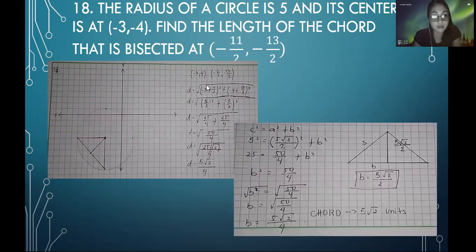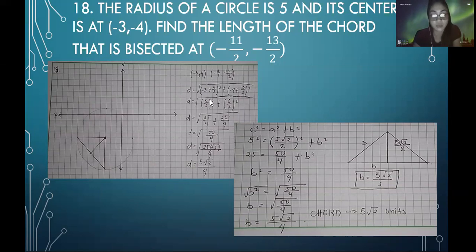So d is equal to square root of quantity negative 3 plus 11 over 2. You're wondering why it will become positive because negative times negative is equal to positive. Plus negative 4 plus 13 over 2 squared.